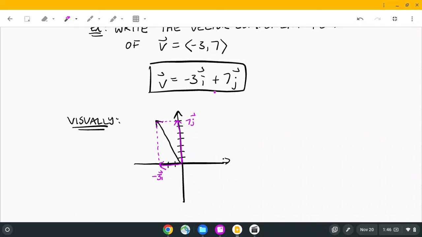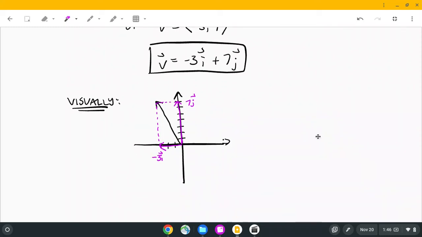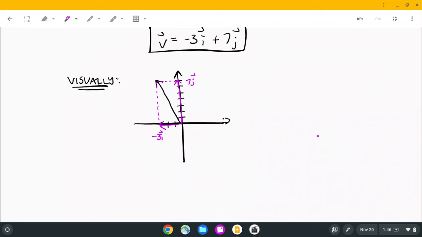So this one allows you to see the two horizontal and vertical vectors that you're adding together to get the final vector. Okay, so hopefully you understood that.